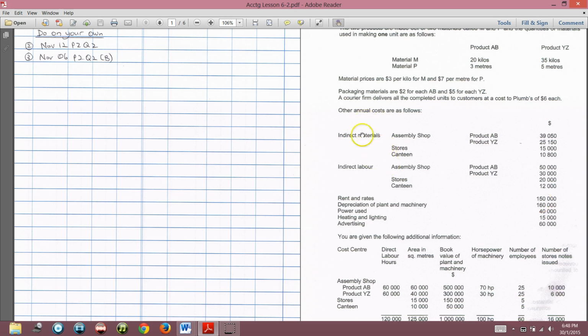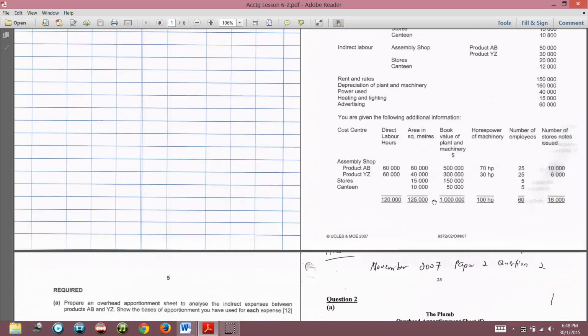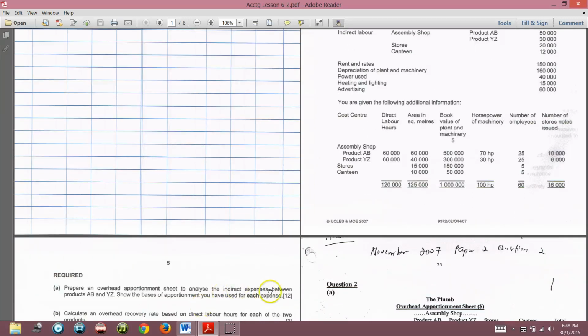So these are the other annual costs in stores and canteen, and these are the other expenses, and then you are given this kind of information. So you are going to do an overhead apportionment sheet to analyze the indirect expenses.